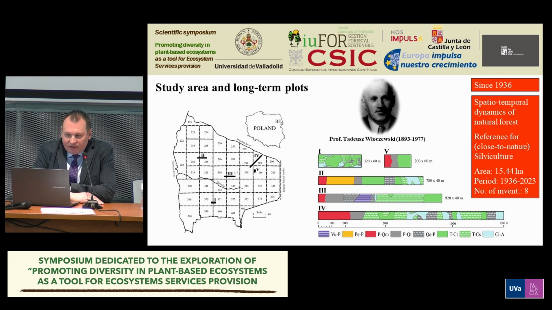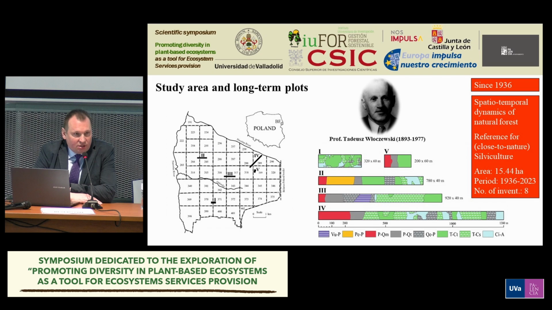In 1936, our Polish forester, Professor Wojcicki, established 5 transects, long plots with a width of 40-60 meters, but very long, the longest almost 1.4 kilometers.